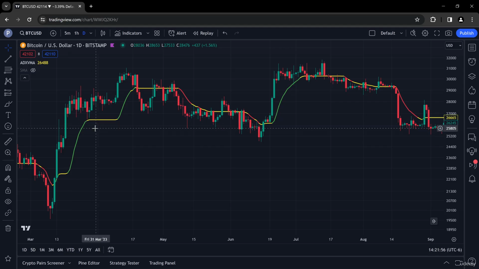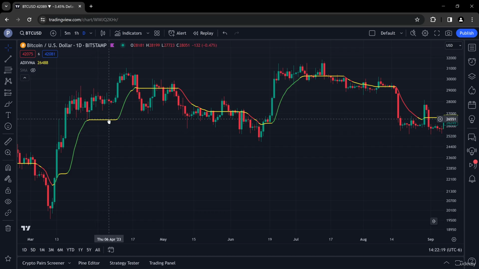This indicator also is multicolored to easily identify trading signals from this indicator. So when the color of the moving average line of this indicator is green, it means that the indicator is giving us a bullish signal.